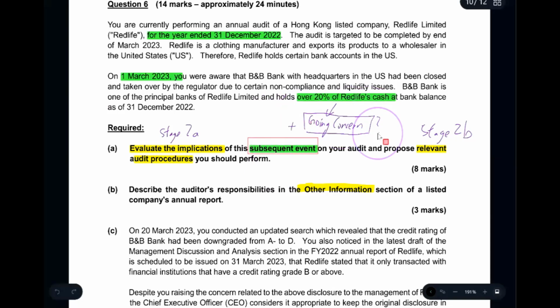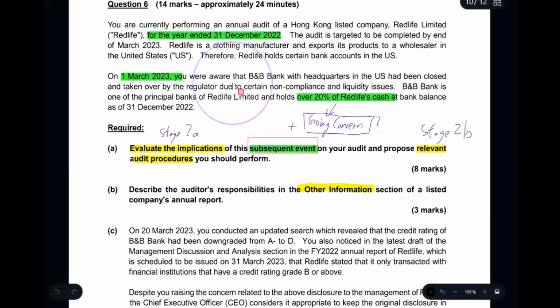Right? Subsequent event plus going concern. So the implication, you need to think in this question, because this is a stage 2A question, you need to identify the possible risk of material misstatement. And because it is a subsequent event, you also need to first determine whether this is an adjusting event or a non-adjusting event. Okay?